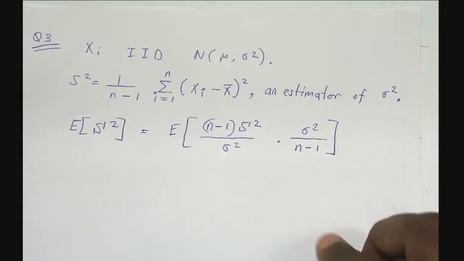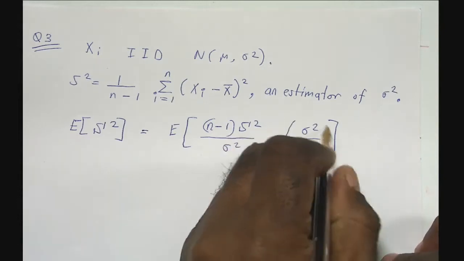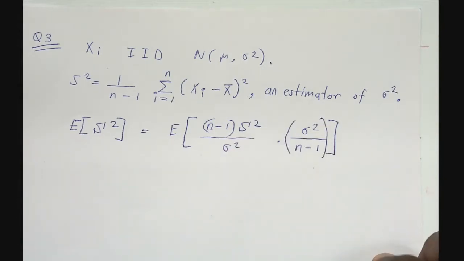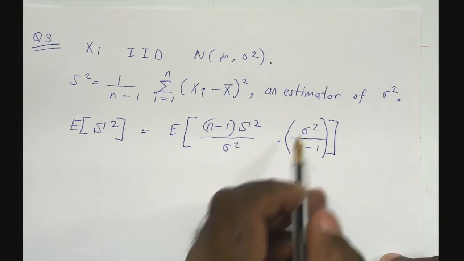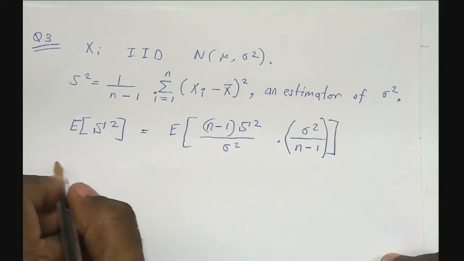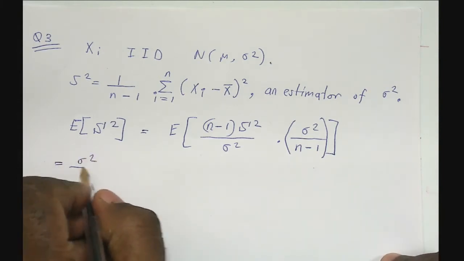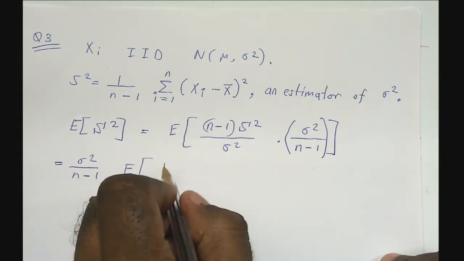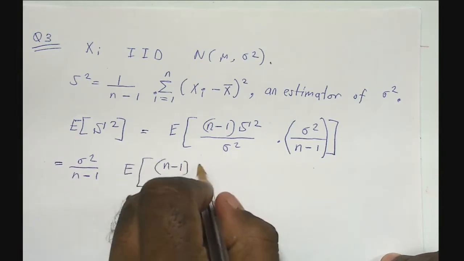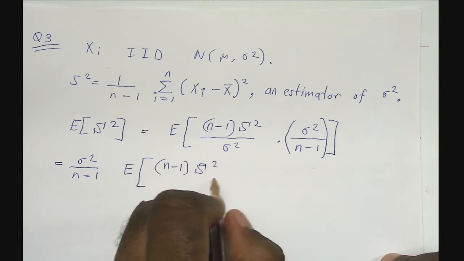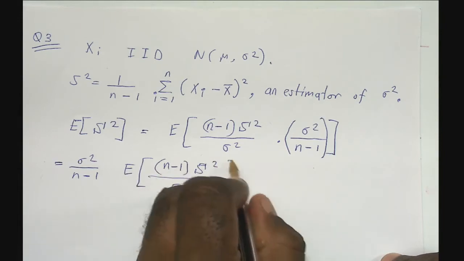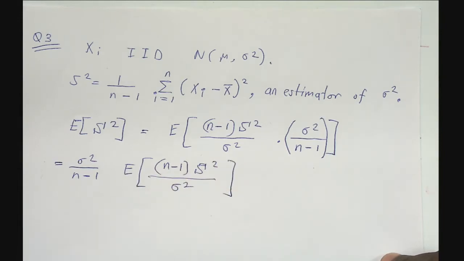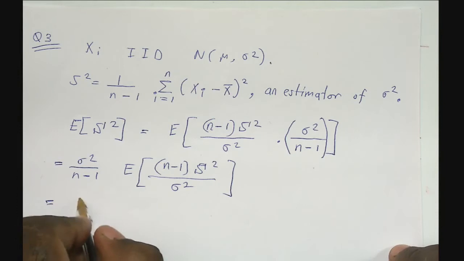The reason I'm doing this is because I want to use the hint. Now this being a constant, you can pull it outside, so it becomes like this.